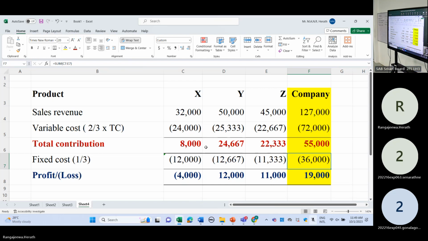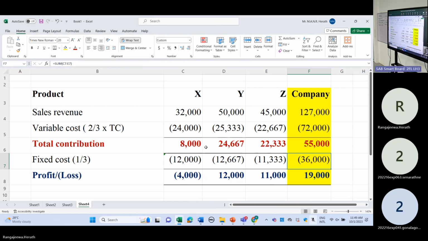What are those? The non-financial factors you shall consider.